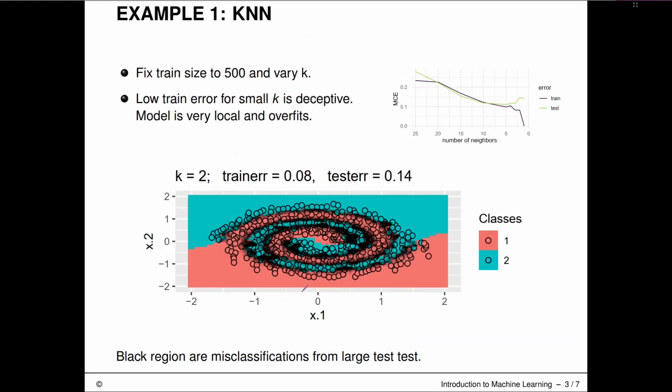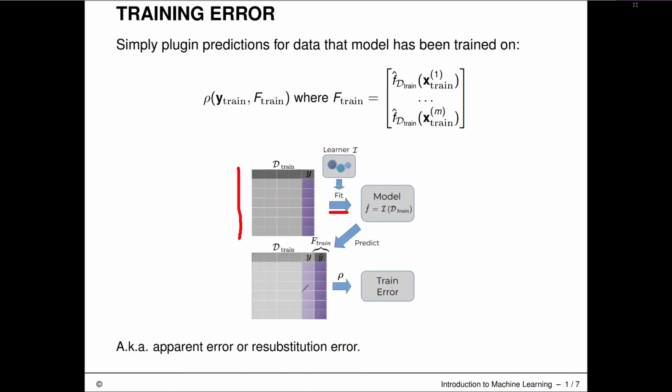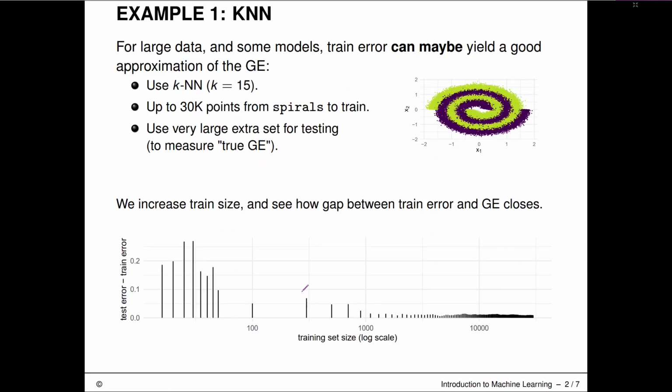So let's take a look at the first example. Here we are training a KNN model, and we'll show that for some large data sets and for some model classes, maybe, the law of large numbers might play in our favor, and the training error can actually yield a good approximation of the generalization error.